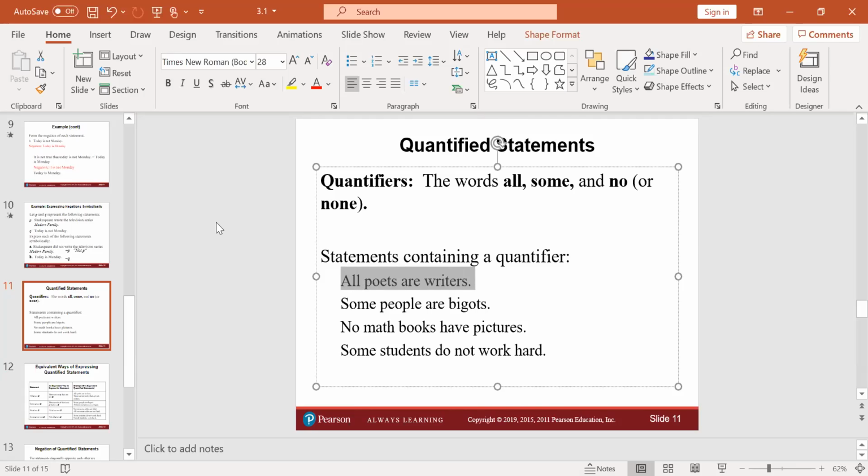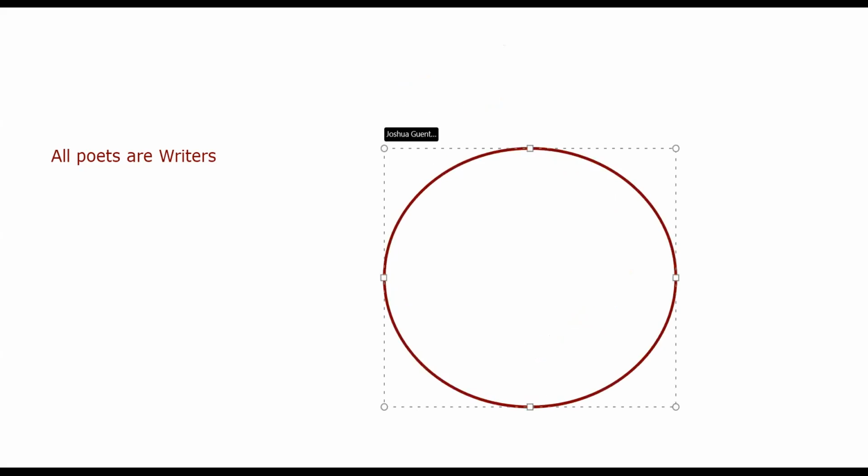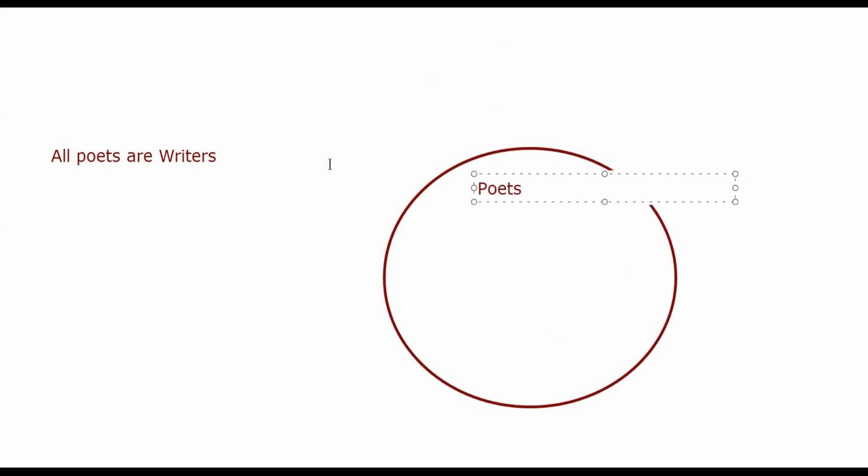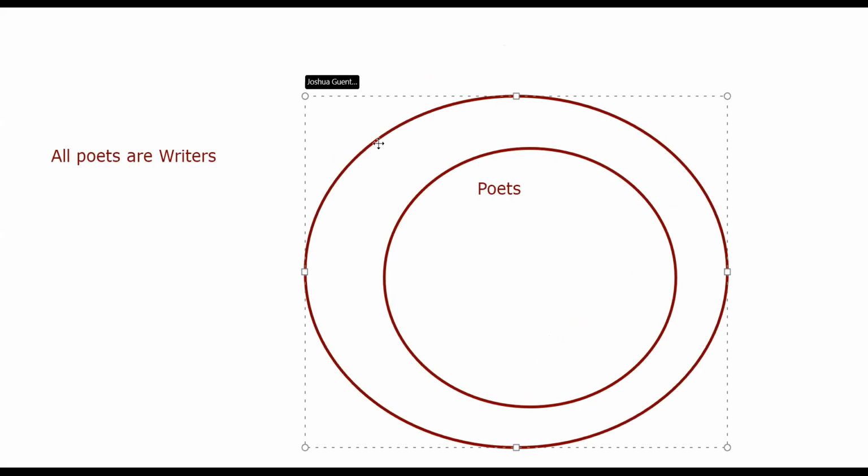In fact, we're going to make that distinction so clear with a picture. If all poets are writers, then that must mean that the set of all poets, which we will represent with this circle, must completely lie within the set of all writers.